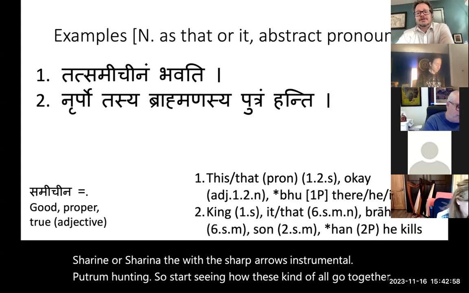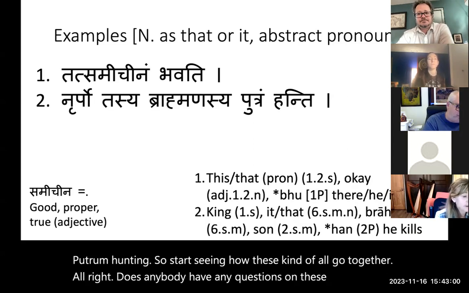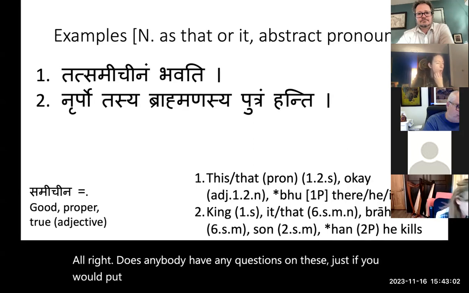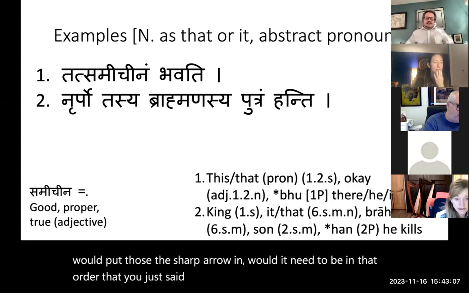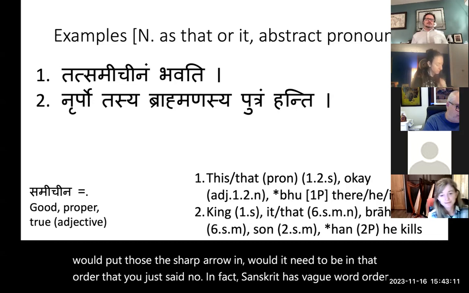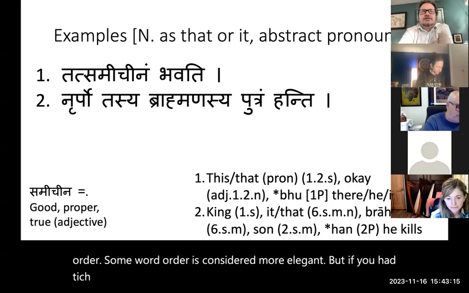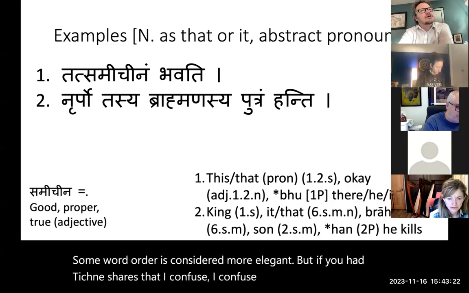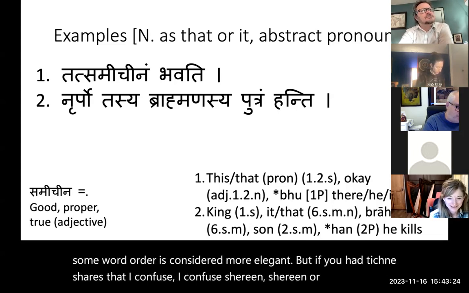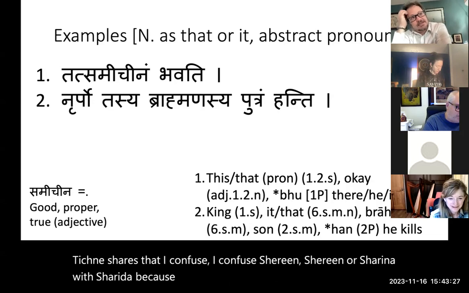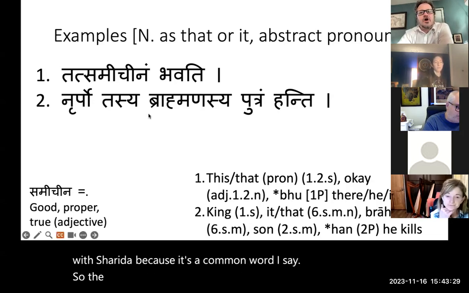All right. Does anybody have any questions on these? Just if you would put the sharp arrow in there, would it need to be in that order that you just said? No. In fact, Sanskrit has vague word order. Some word order is considered more elegant, but the instrumental could go anywhere.